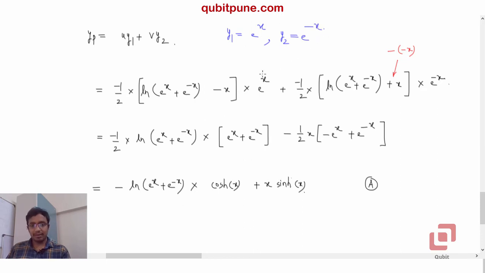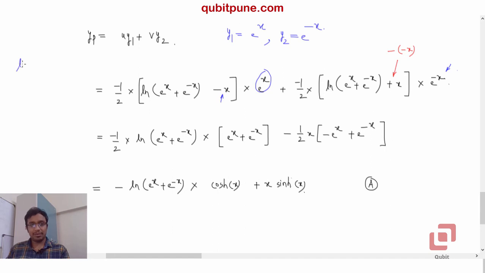Okay, so you can see y1 here and y2 here. And the functions u and v that we determined through integration are now negative 1 upon 2 into ln of e to the power x plus e to the power negative x, minus x. Now this minus x has come because I have taken the denominator inside the logarithm outside.